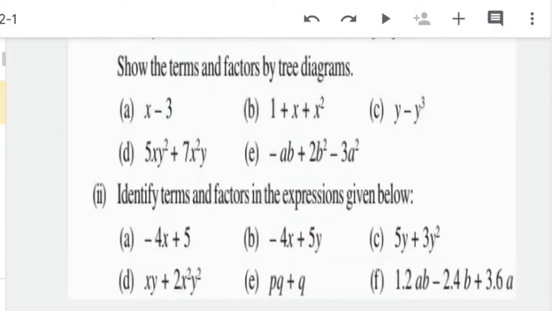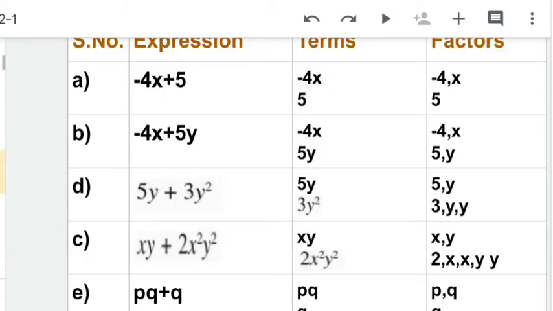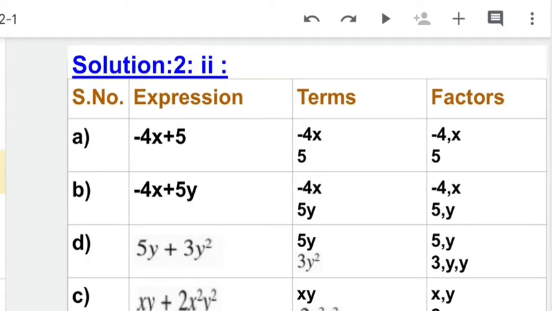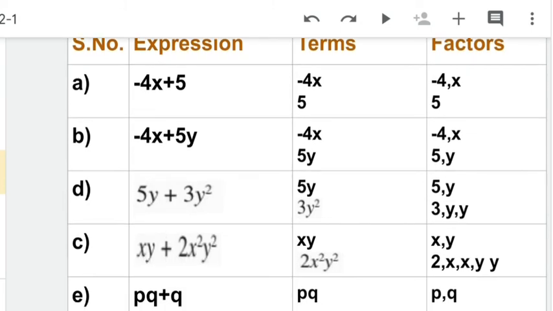Now the second part of the second question is quite similar. In this we have to find the terms and factors, again the same thing, but here we can write it in tabular form. We do not have to show it as a tree diagram. So let's see the solution of the second part. The first expression is minus 4x plus 5.